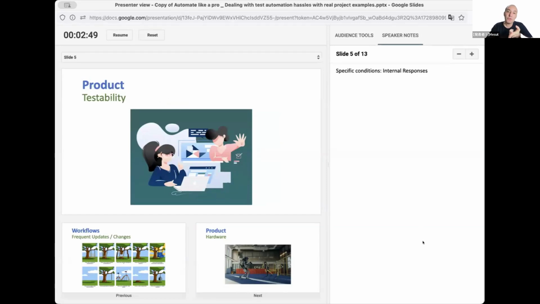So what kind of testability issues? If there is something difficult to test, we call it testability. It's not very easy to test. For example, what might be such a feature? If I have a token, password, or secret, which has an expiration date.